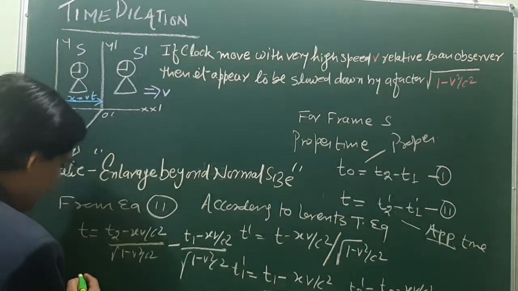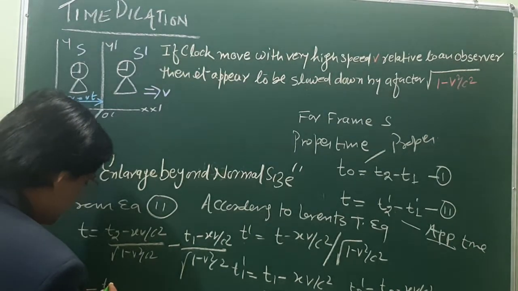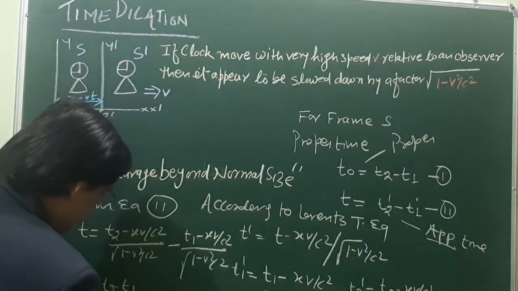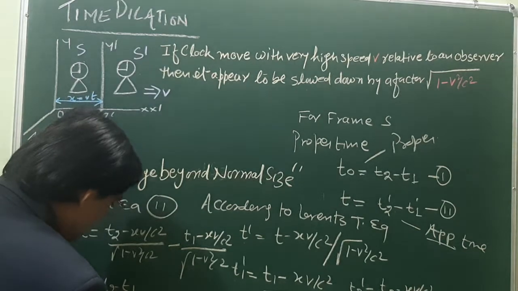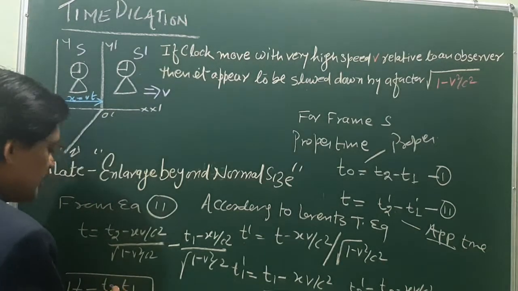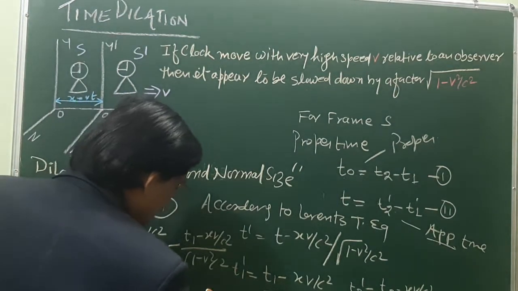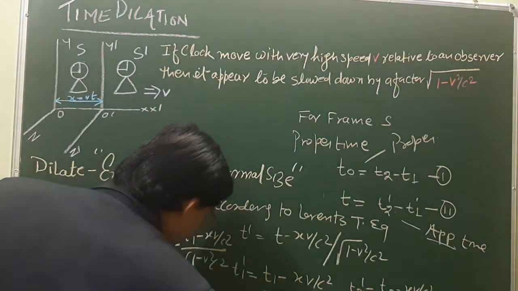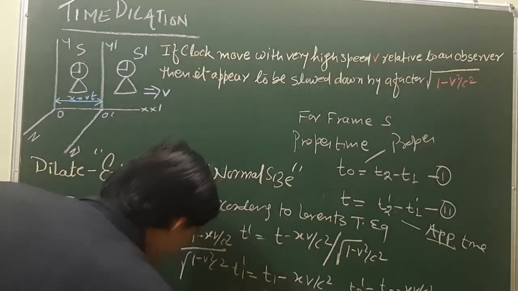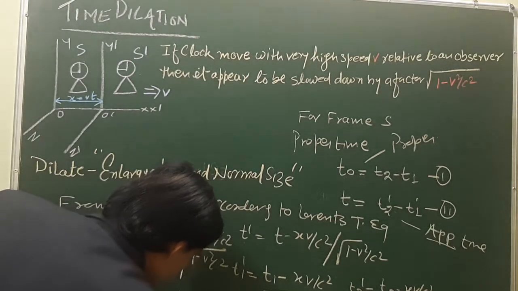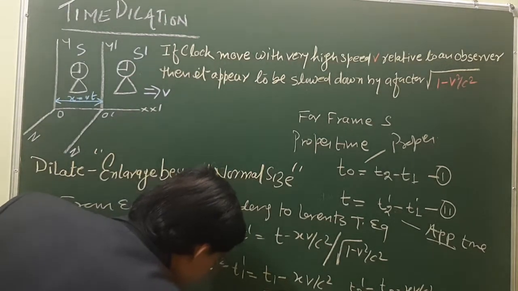After calculating, the value will be t2 minus t1 over under root 1 minus v square upon c square, where t2 minus t1 is equal to t naught. So the equation will be t is equal to t naught over under root 1 minus v square upon c square. So t naught is equal to t under root 1 minus v square upon c square.